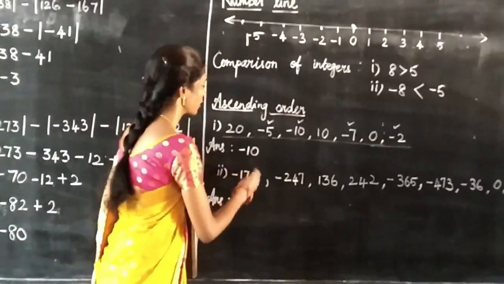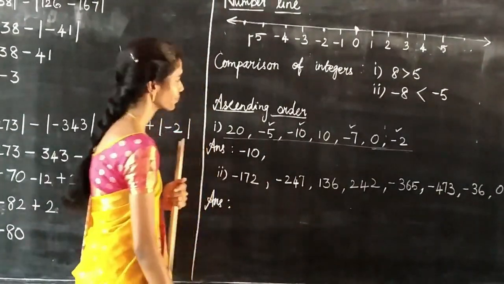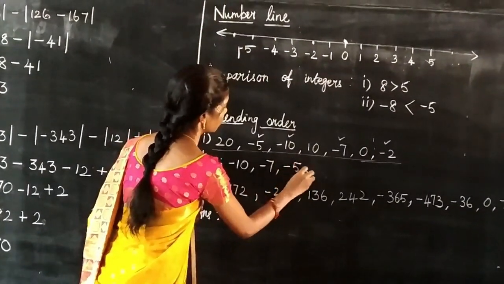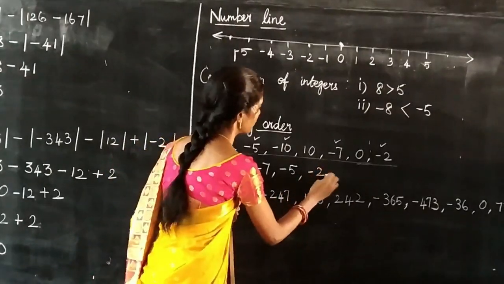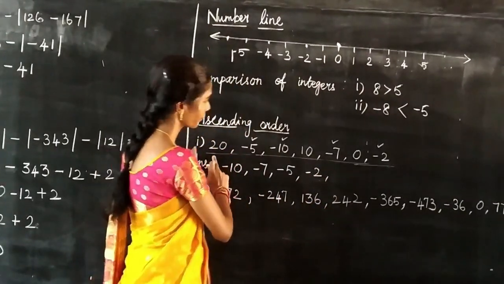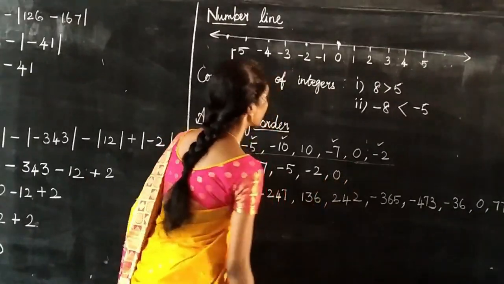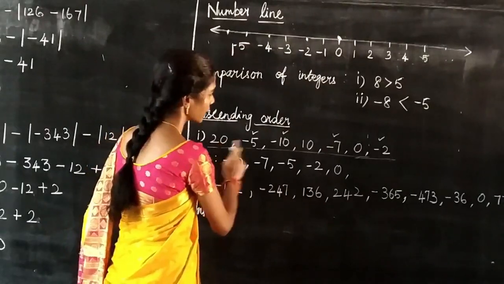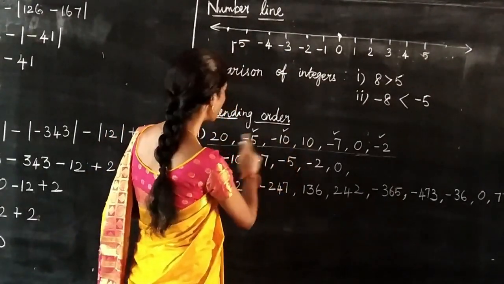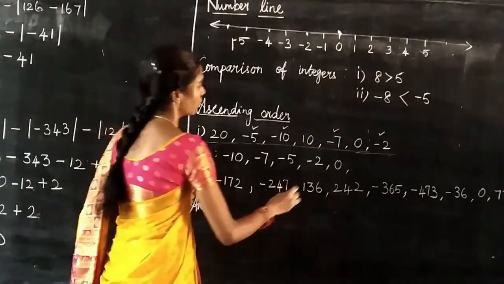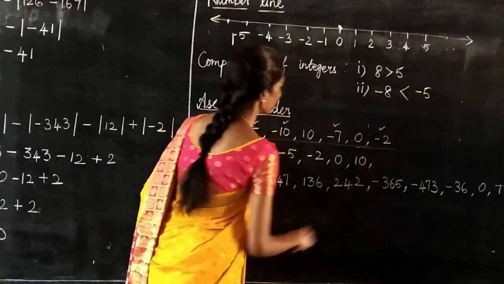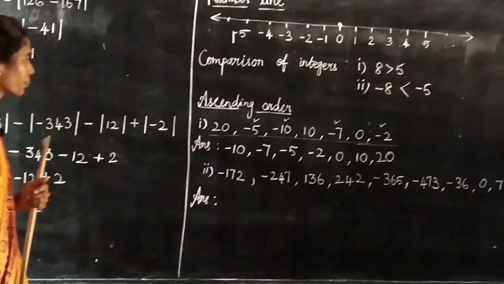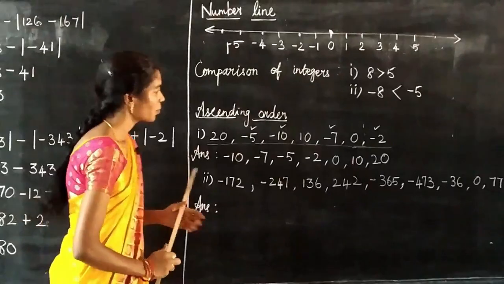So minus 10, and the next numbers are minus 7, minus 5, minus 2, then 0, then the positive integers. The positive integers are 20 and 10. Which is the smallest one? 10 and 20.